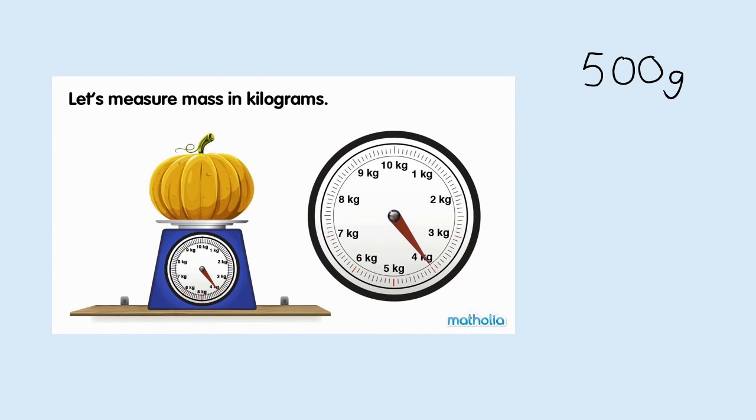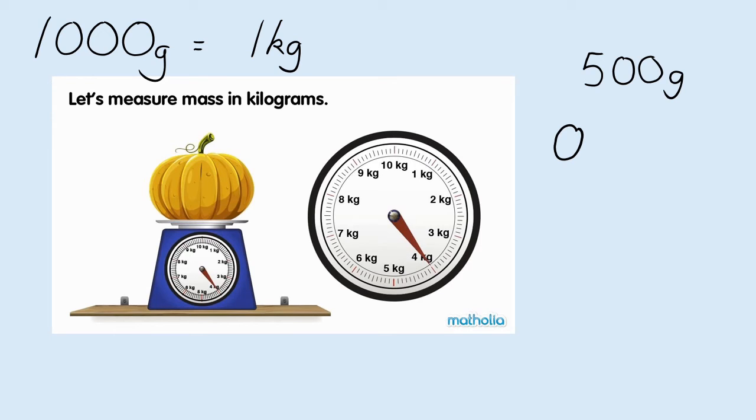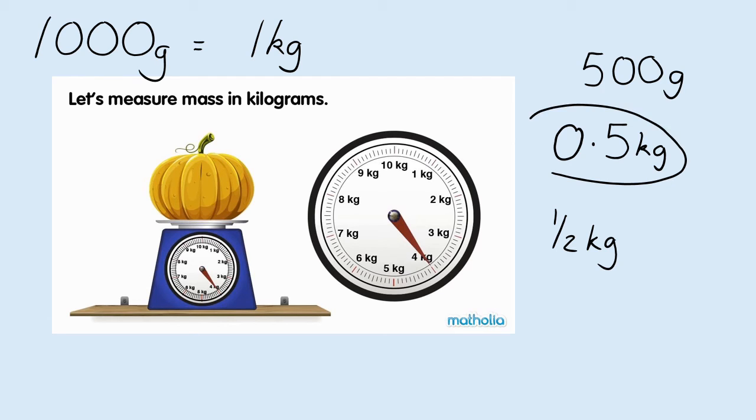Because we know that 1,000 grams is equal to 1 kilogram, we can look at this and say 500 grams is actually half of 1,000. So we can write it as 0, because it's definitely less than a kilogram. We don't have any kilograms here. 0.5 kilograms, which is half a kilogram. So there it is written as grams, 500 grams, and as kilograms, 0.5 kilograms.